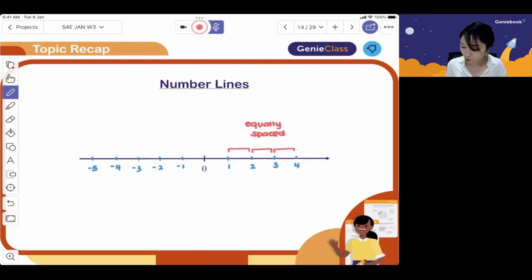But when you are drawing a number line in your exam, you need to use your ruler and make sure that every unit, in this case, is 1 unit apart. So every unit is equally spaced. If it's 1 cm in between, then you have to make sure it's 1 cm every time, not some 1 cm, some 2 cm, some 1.5 cm. You won't get the mark that way.